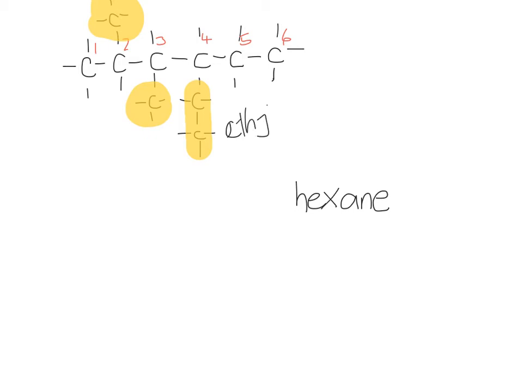So here's our ethyl, here's our methyls. E comes before M, so ethyl has to come before methyl. Now, because there's 2 methyl groups, we call it a dimethyl. The di does not change the alphabet.